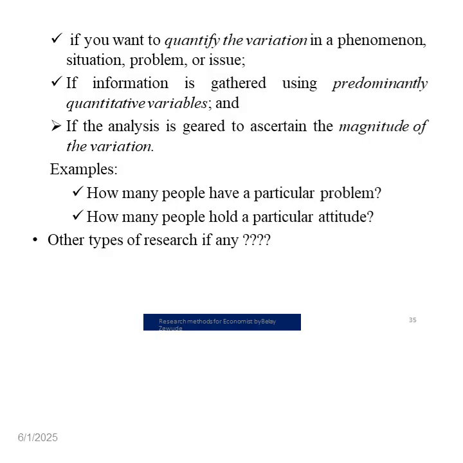For example, how many people have a particular problem, you can explain in terms of number, for example, 10, 900, 500, 1000, and so on. How many people hold a particular attitude? This is also quantitative. It needs quantity. So you can identify which one is quantitative and which one is qualitative depending on your objective, depending on what you need, depending on what the company needs, and so on.